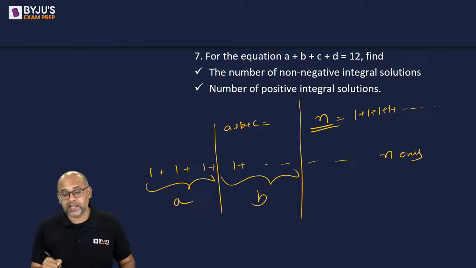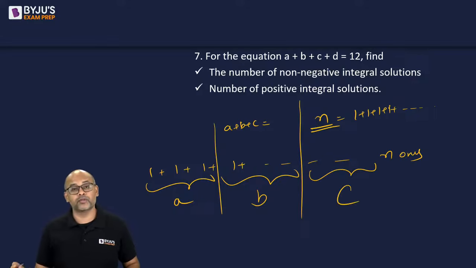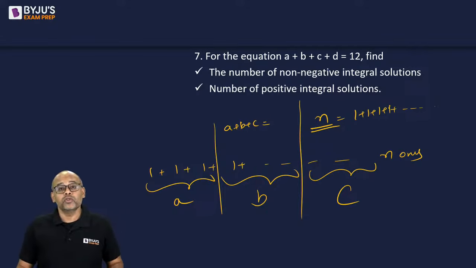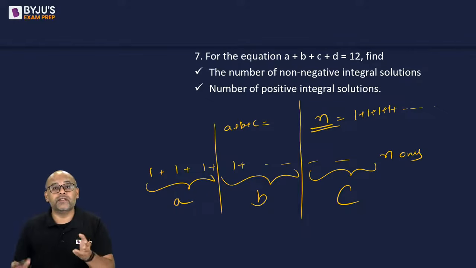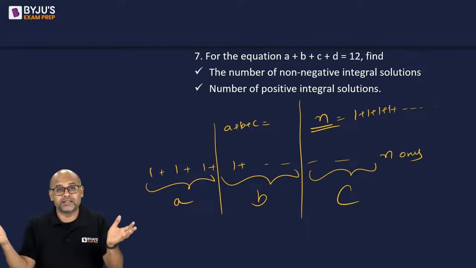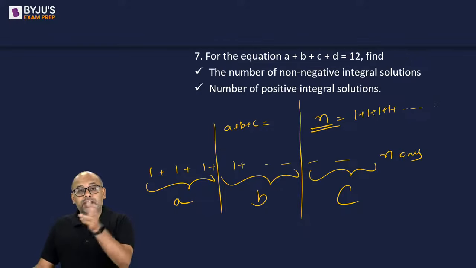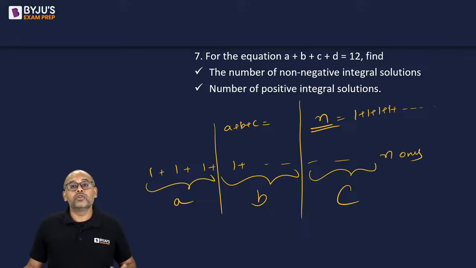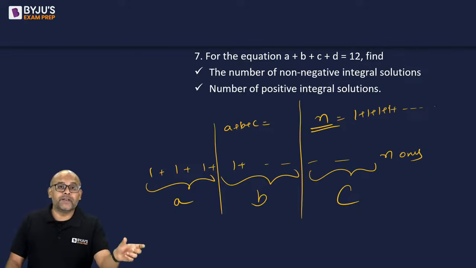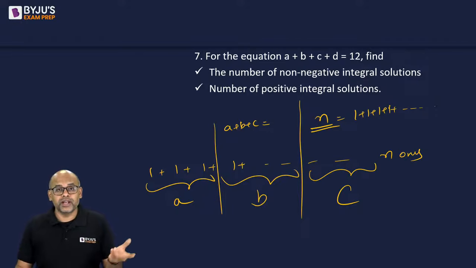This is going to be called B, and the remaining is going to be called C. How many bars do I need? If I want three pieces, I need only two bars. I need to cut it in only two places, correct? Wherever I cut it, I'll get the leftmost, middle and rightmost piece.